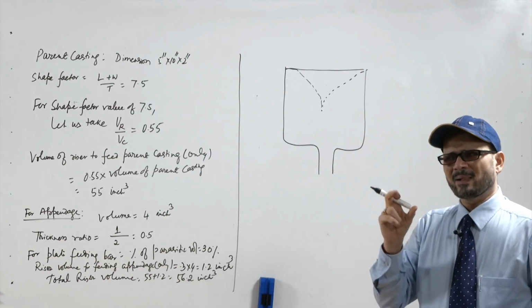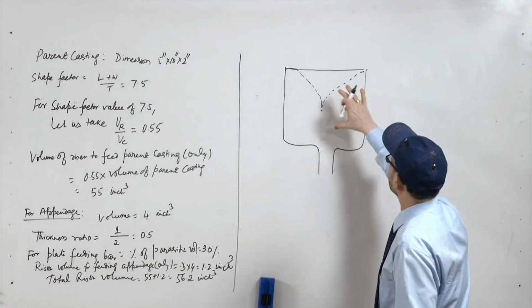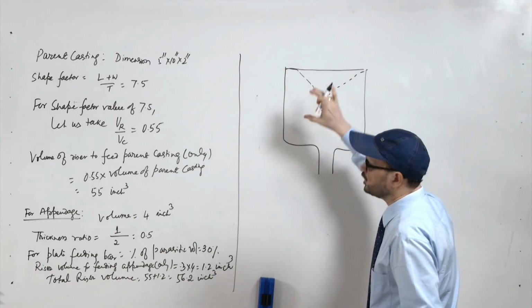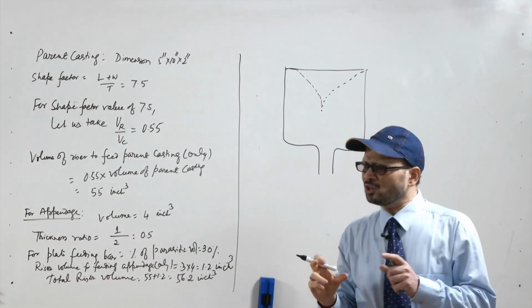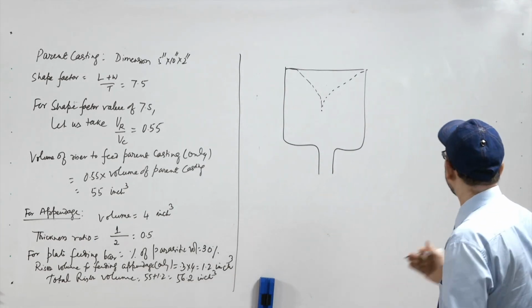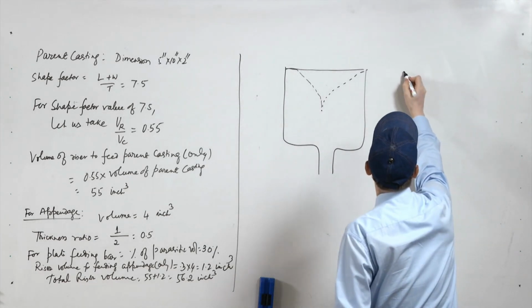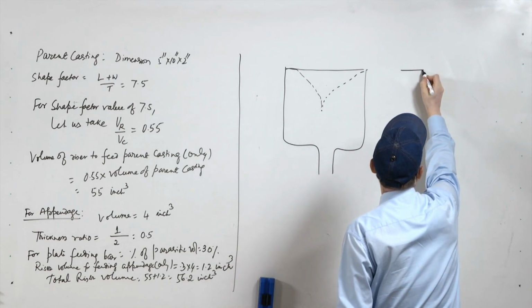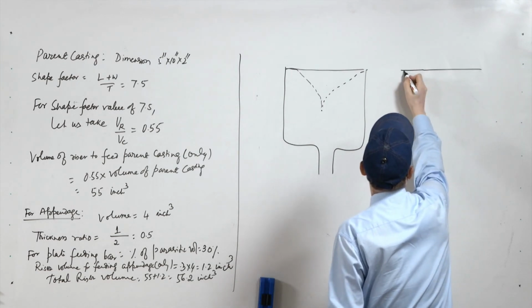Once you get this volume, you can design a piping type of riser like this.